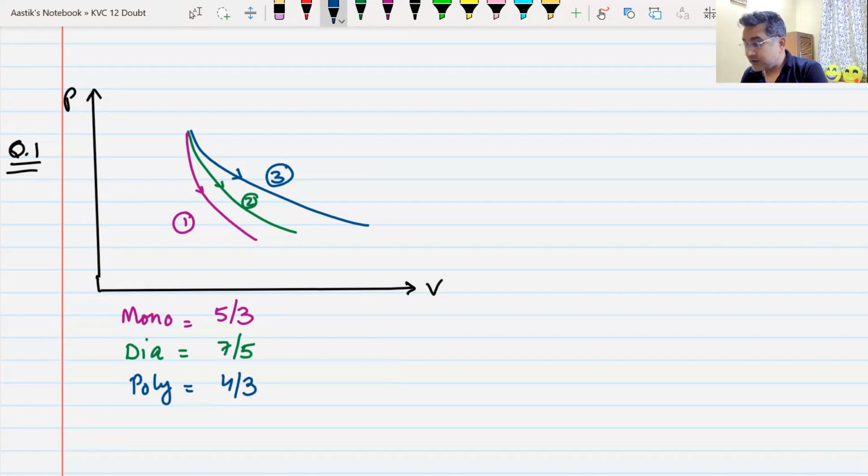Monatomic. So whose slope is more? So number 1, hero number 1, is monatomic, more slope, more steep, more gamma. Hero number 2 is diatomic, and the third hero is polyatomic.